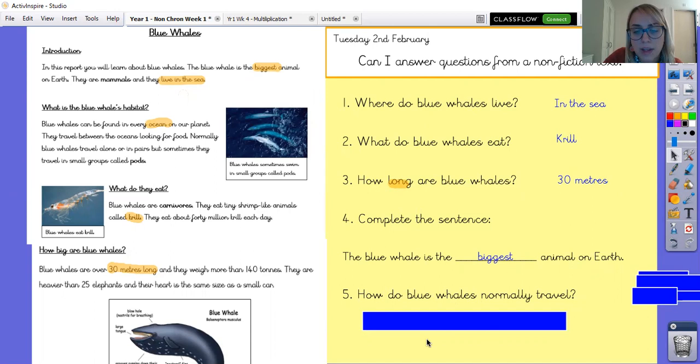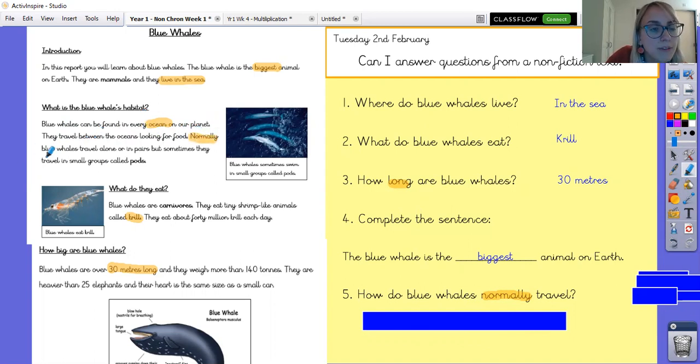Okay, now our last question is, how do blue whales normally travel? Okay, now I know there's lots of information about how they travel. We want to find out how they normally travel. So that's our key word that we're looking out for. Let's see, I'm sure it was somewhere around here. So blue whales can be found in every ocean on our planet. They travel between the oceans looking for food.